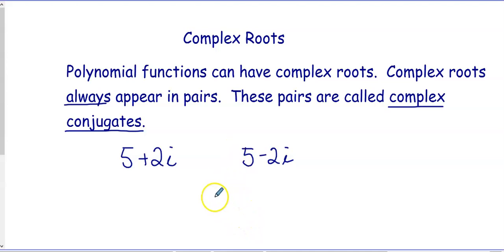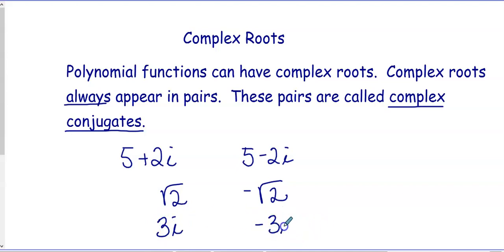If I say this polynomial function has a root at square root 2, it also has one at negative root 2. If it has a root at, let's say, 3i, it also has one at negative 3i. Now, if you have a complex number like 5 plus 2i, don't make the 5 negative. You only change the imaginary part to the negative, okay? So that's what complex conjugates are. They are partners or pairs.